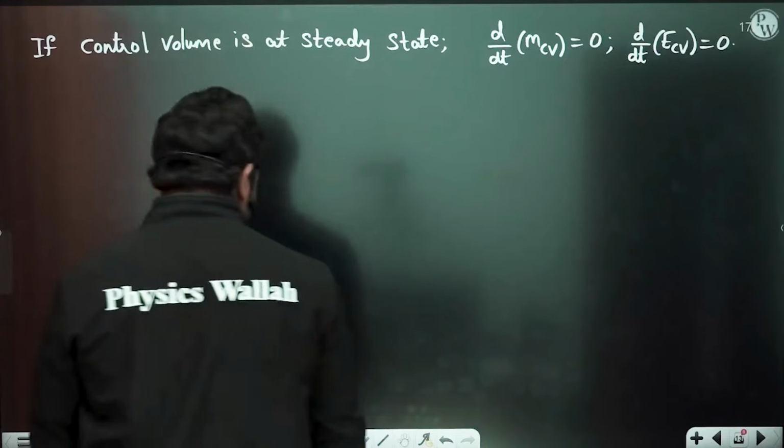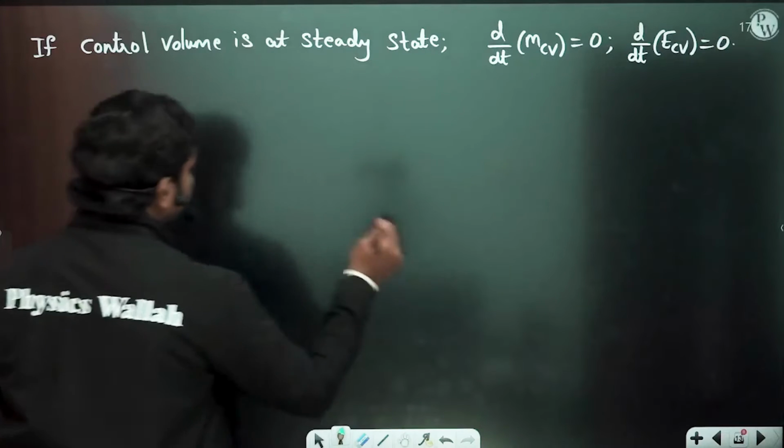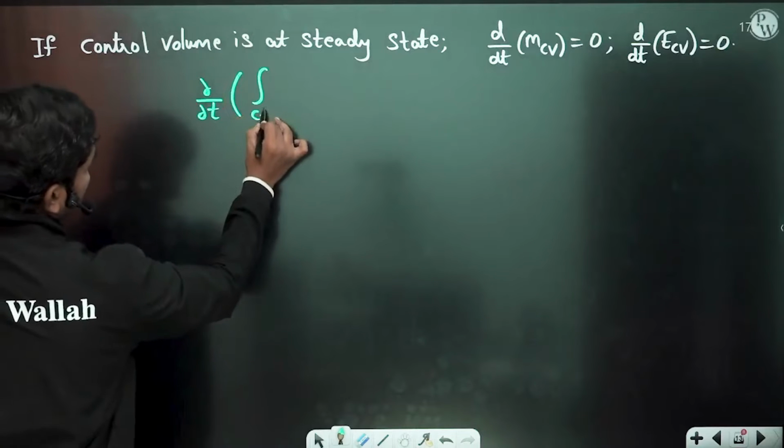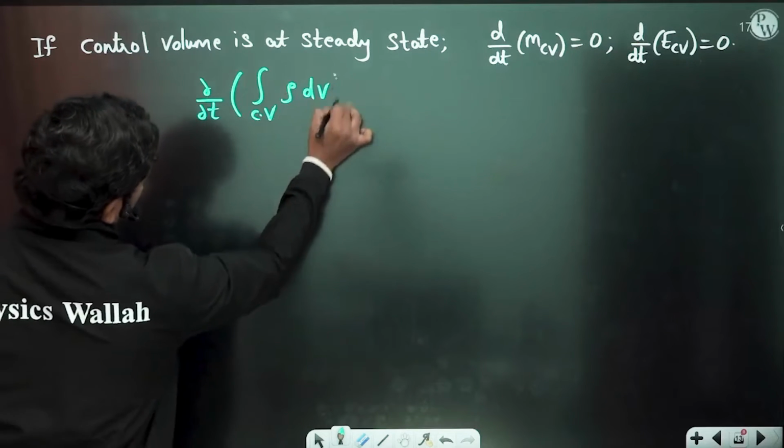So please tell me, whenever this is at steady state, what is dou by dou t of some quantity, the rate of change of this quantity with respect to time?